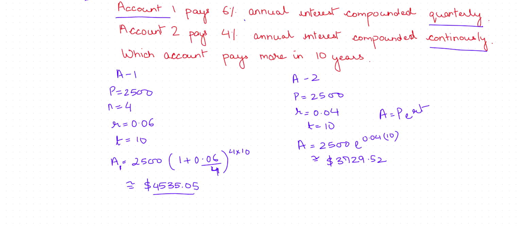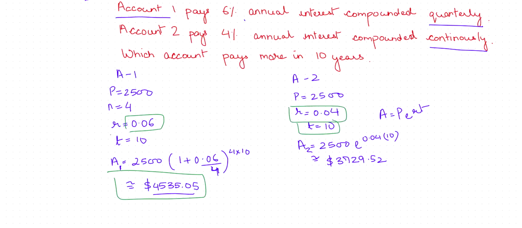So we should choose account 1, because here the interest rate was more. In the other the interest rate was less and the time was the same in both.